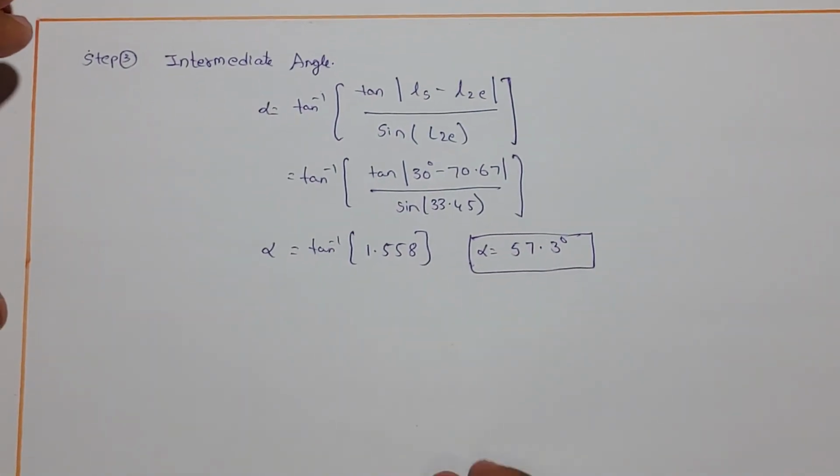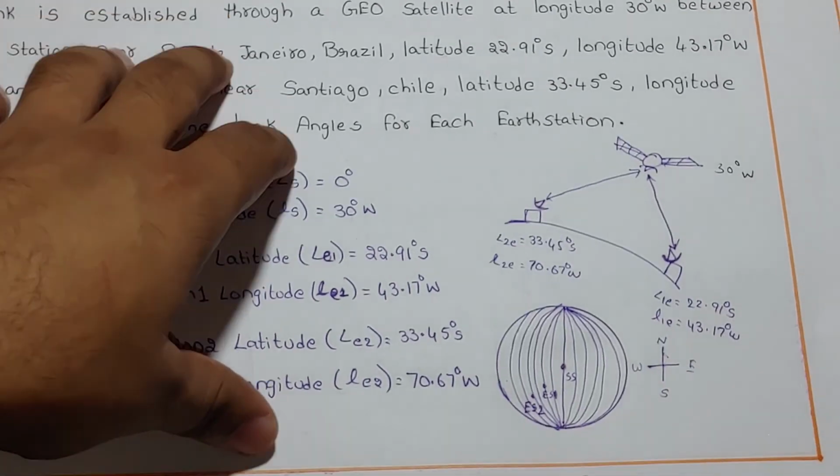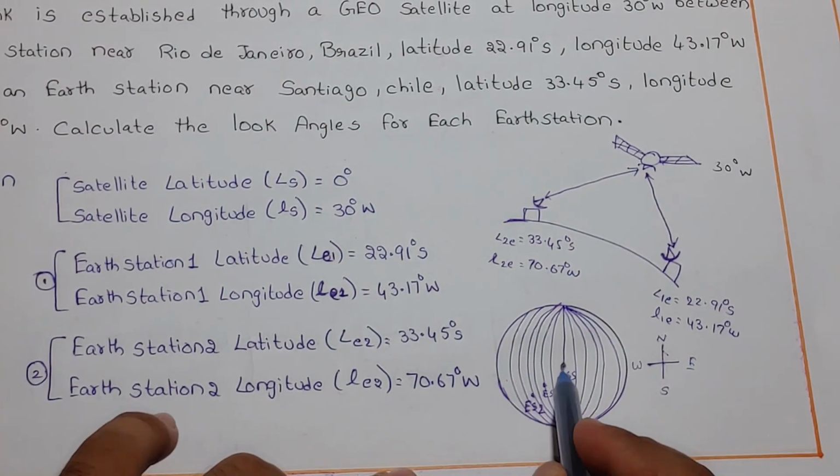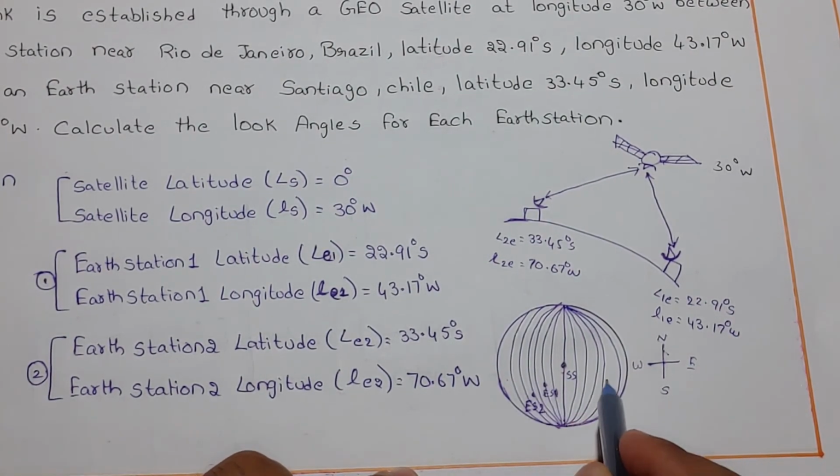As we have already discussed, from this figure we could see that with reference to the earth station 2, the satellite station is at northeast.